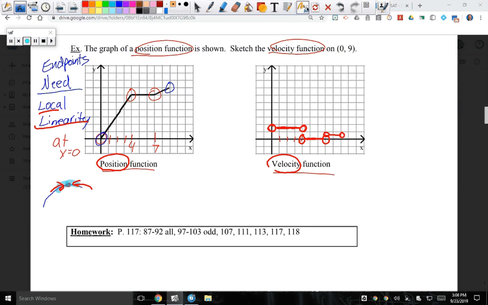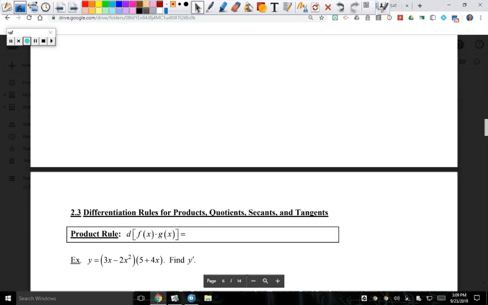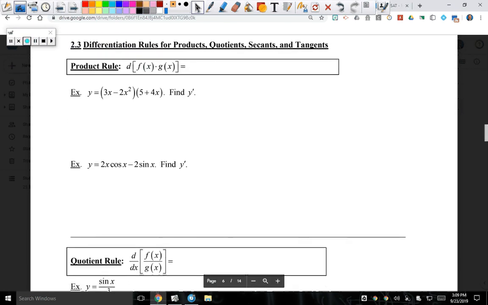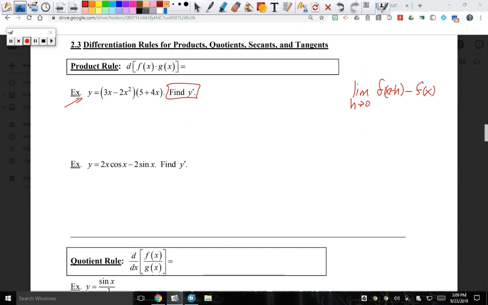All right. So let's go to product rule. Okay, guys. So let me break down what we're doing. If I want you to find the derivative of this function, and we did it old school, using the definition of the derivative, you don't have to copy this.